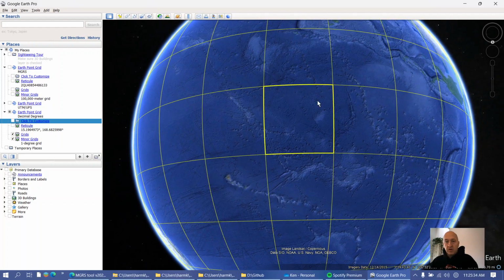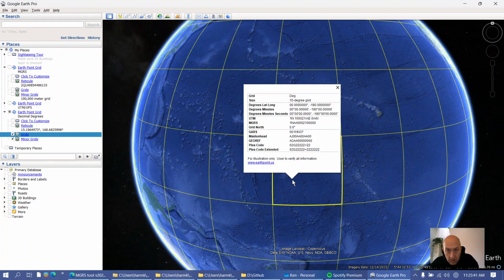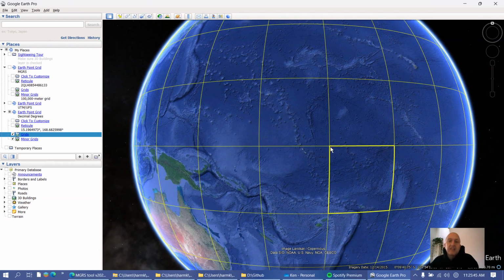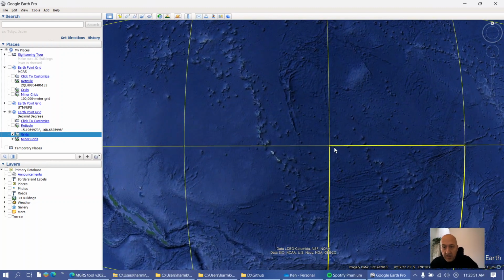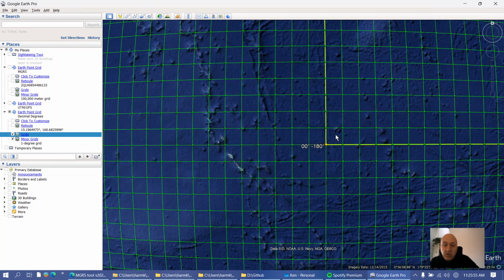Yeah, this one right here. This is the exact opposite side of the world from that point south of Western Africa that was 0, 0. This point is 0 degrees latitude, negative 180 degrees longitude, but it's also a positive 180 degrees longitude.